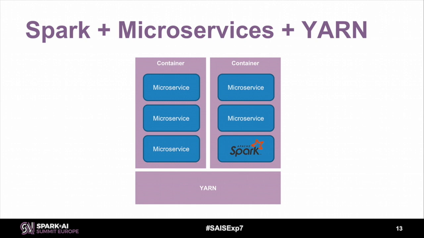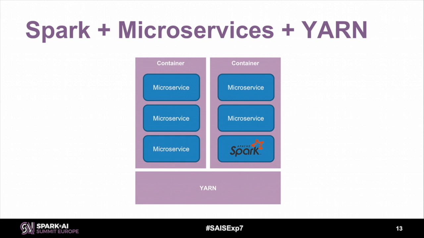So we didn't want to be limited to that. So we say, okay, let's use YARN for what it is: a distributed application operating system, let's call it. And we want to be able to allocate multiple YARN containers.